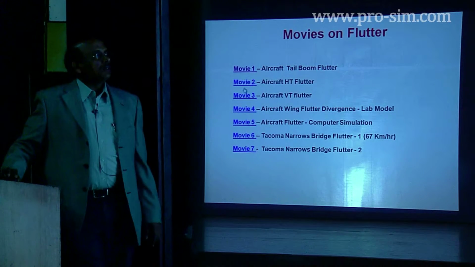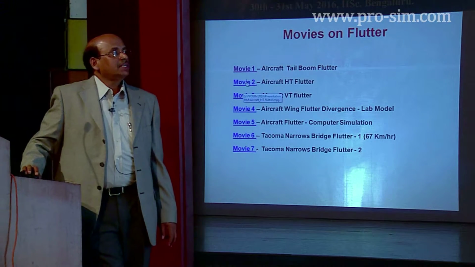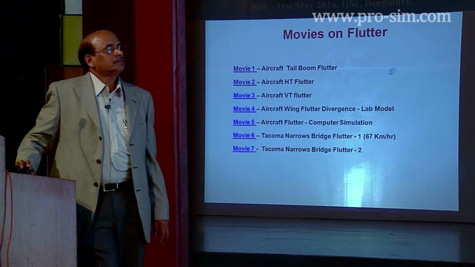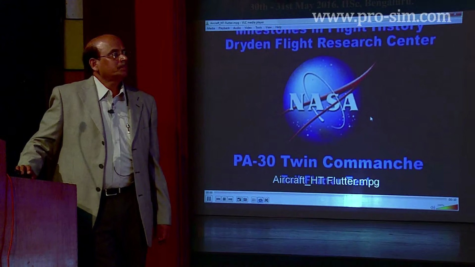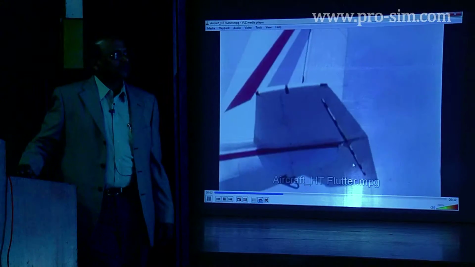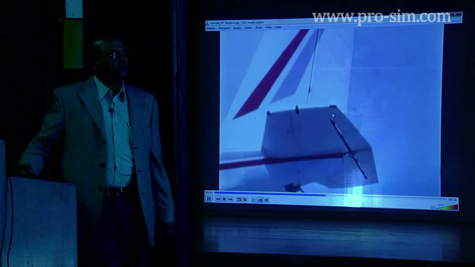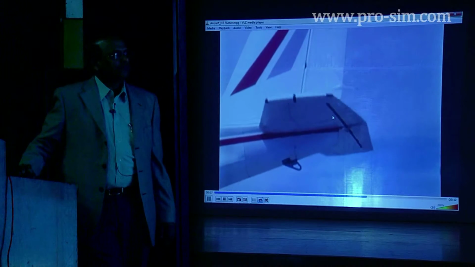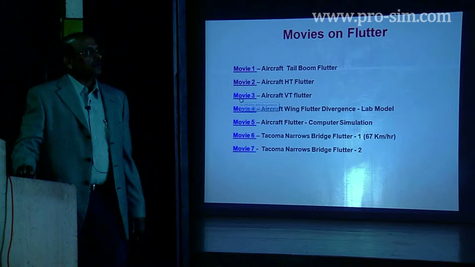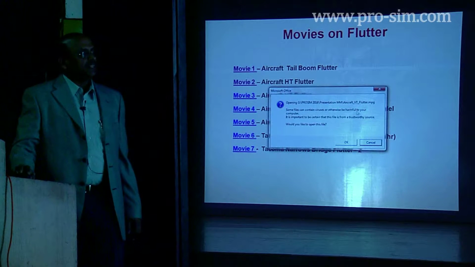Then we also have what is known as aircraft HT flutter. HT is nothing but horizontal tail. You can see that. Then similarly we have aircraft vertical tail flutter.